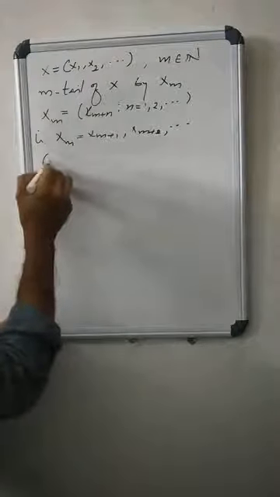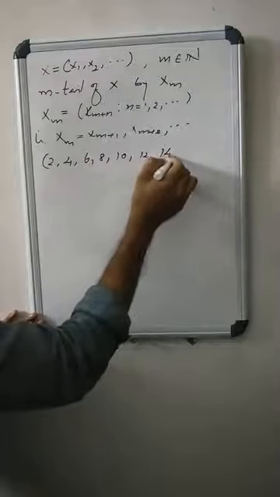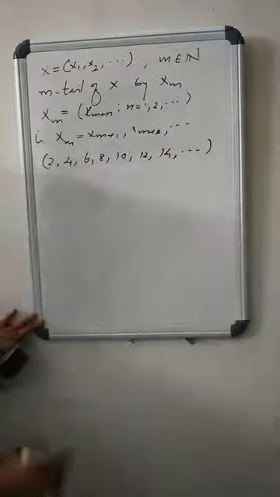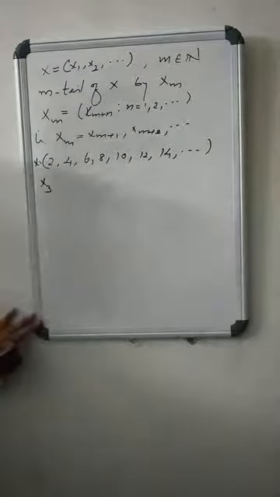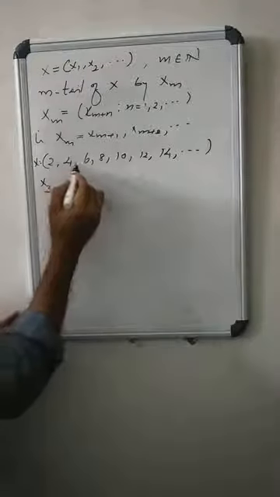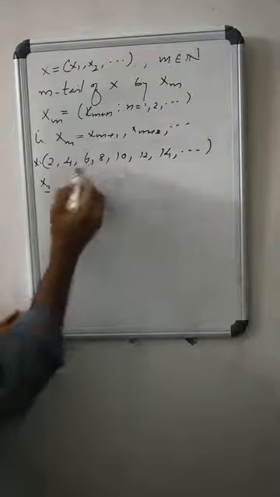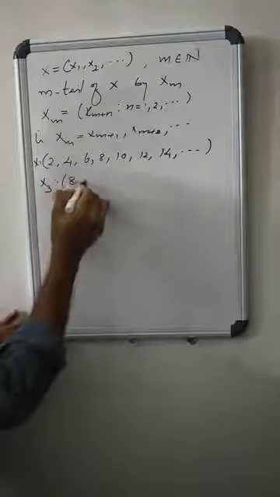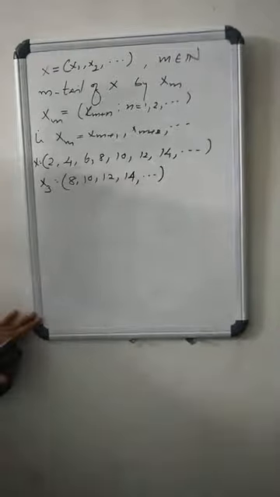Consider the sequence 2, 4, 6, 8, 10, 12, 14, etc. Suppose x is the given sequence. Then the three-tail of the sequence is x3, which is x(3+n), starting from x4. So x3 is the sequence 8, 10, 12, 14, etc. What is the two-tail?